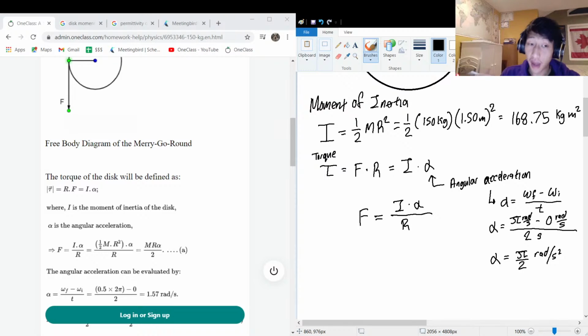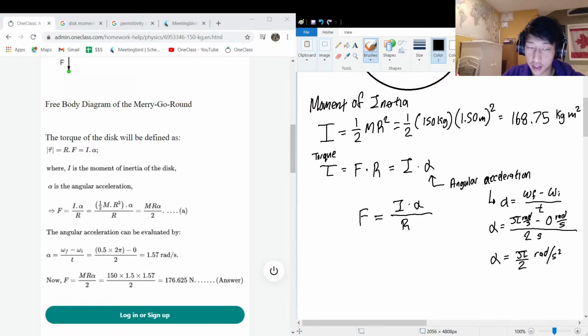Okay, so we have all the values that we need, and we can just plug this into the equation and come out with the value for the force. So for I, the moment of inertia, we had 168.75 kilogram meter squared.